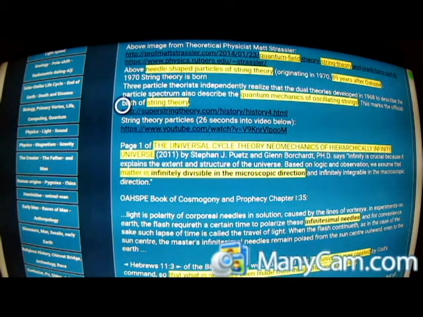String theory particles, 20 seconds into video below. I'm going to click on that.